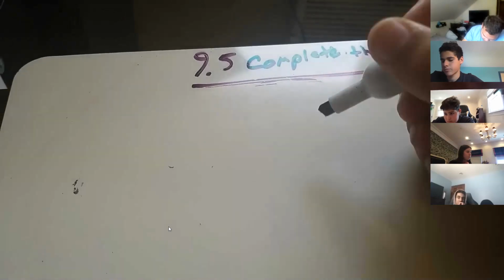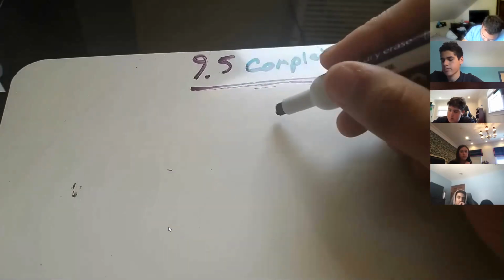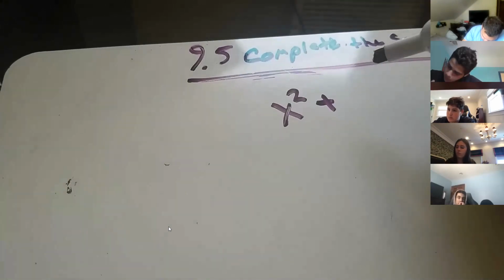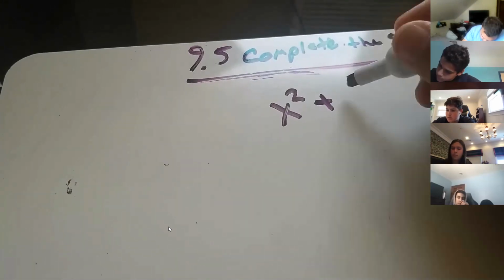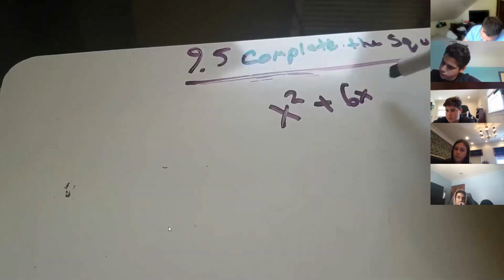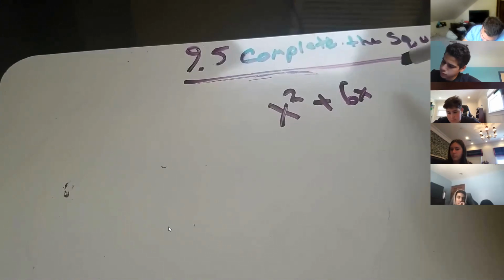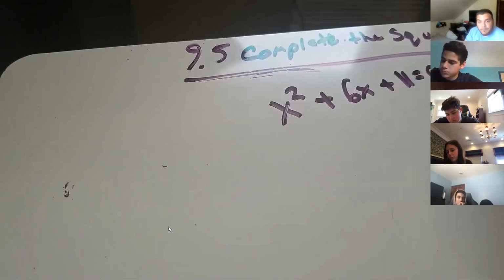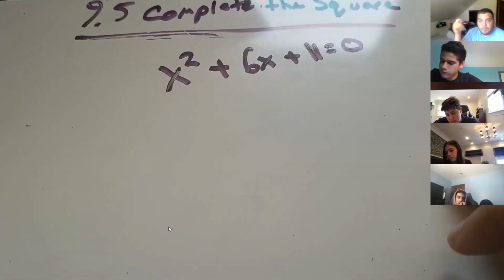So let's say we have something like this. x squared plus 6x plus 11 equals 0. Okay?